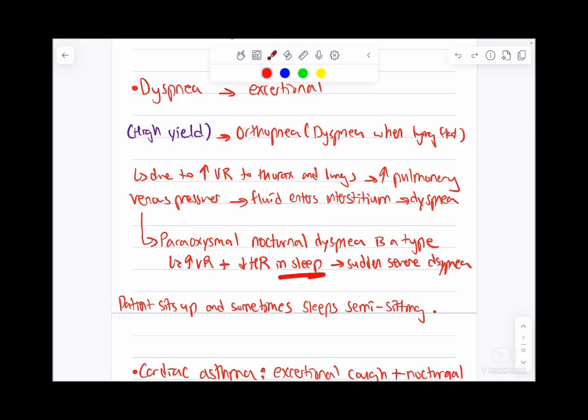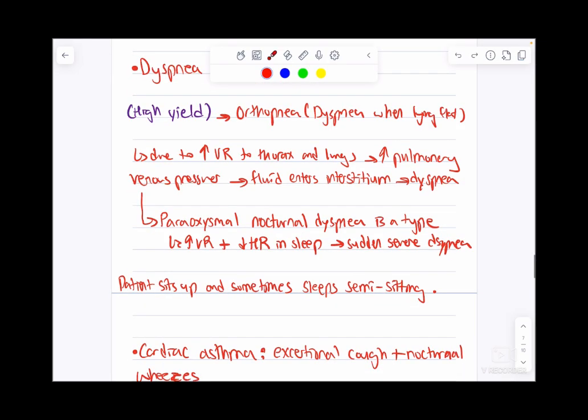This combination is deadly. The patient wakes up feeling like he was about to choke to death. He sits up, goes for a drink, sits by the window, and a lot of them end up sleeping in semi-sitting positions because it's so uncomfortable to lie down.